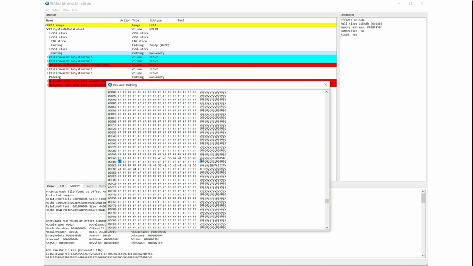Values that are not colored are simply not covered by Boot Guard at all. You can see this padding highlighted in blue just because I put my cursor there. It's not protected at all. You can just modify it, flash the BIOS back, and it doesn't affect integrity because it's not protected by Boot Guard, right?